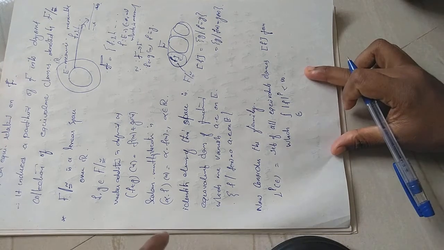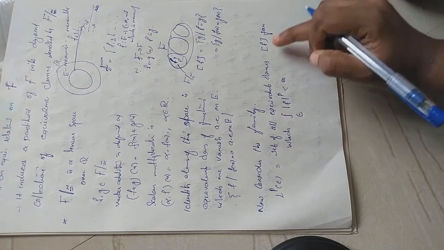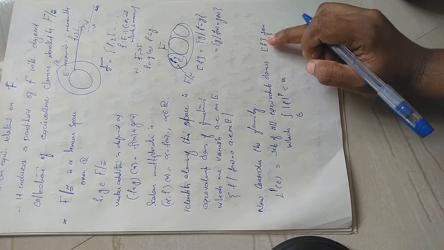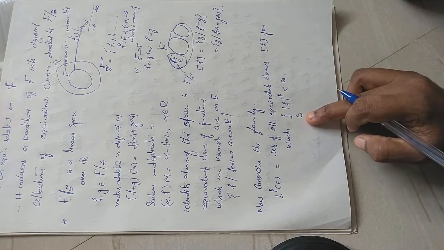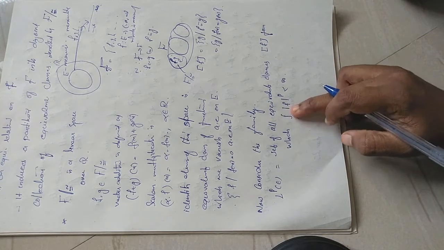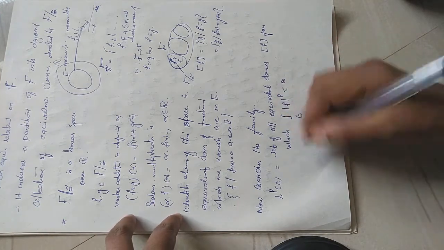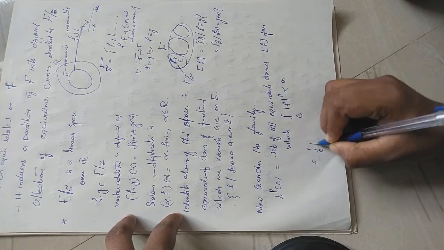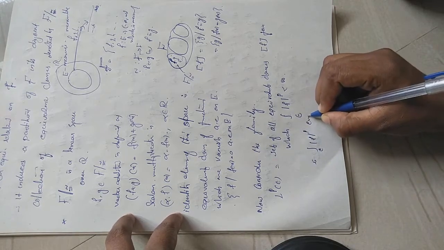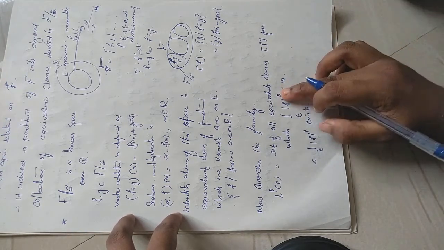So you consider the set of all functions in the equivalence class of f such that f satisfies the condition that the Lebesgue integral over E of mod f raised to p is finite. It is finite means this integral exists, right?